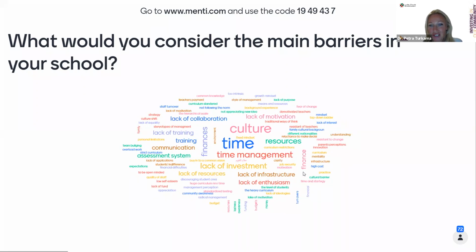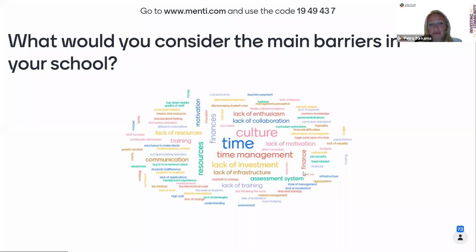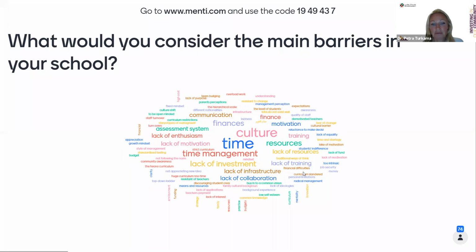Clarity, too strict, lack of interest, top-down ladder. Fear of change, the fear of failure, this might be one. Resistance to change, lack of training. Yeah, hierarchical scales, parent perception. Yeah, one thing definitely we have to also think about is the parents and the families as the stakeholders.